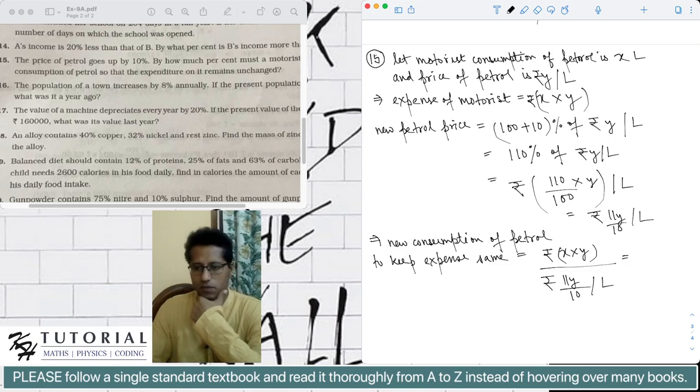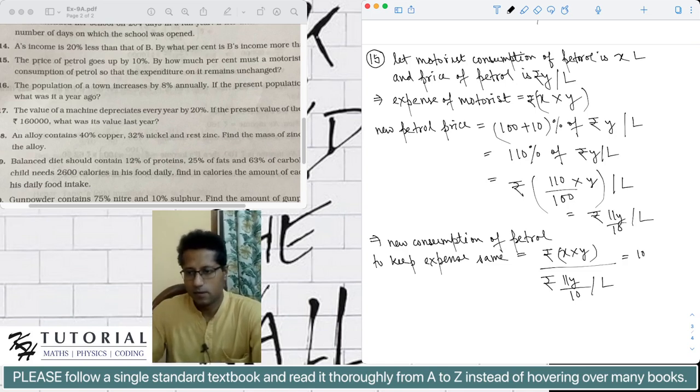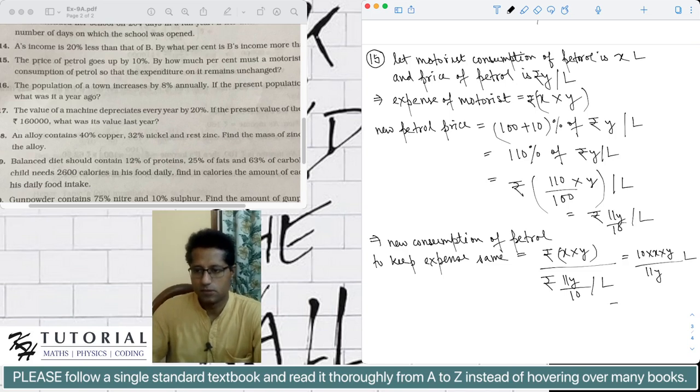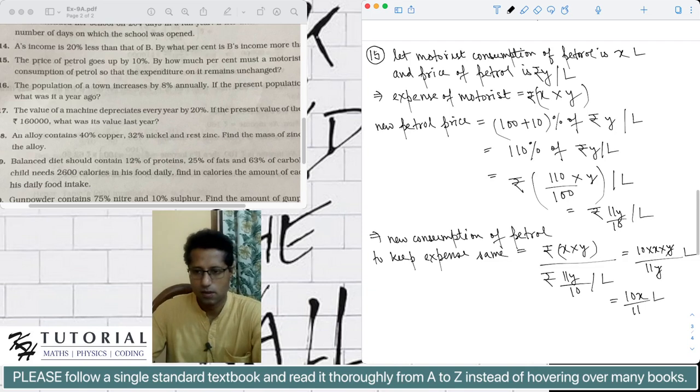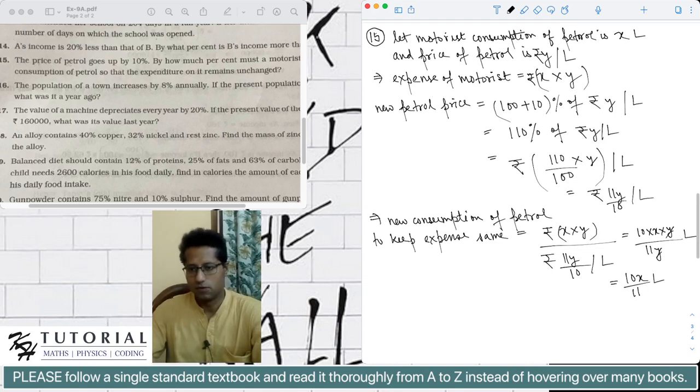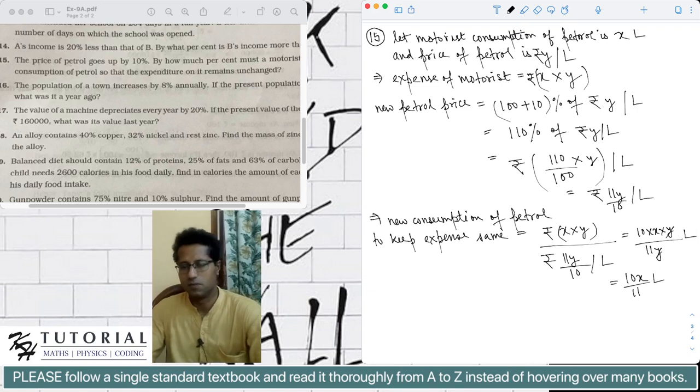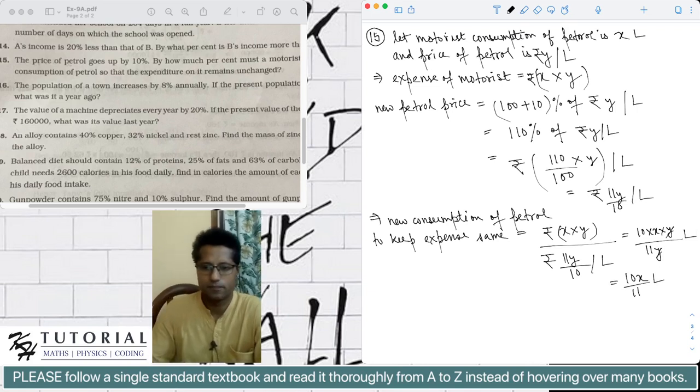If you simplify, rupees cancels out, and y also cancels out, and we have 10 into x into y divided by 11y, this much liter. This is equal to 10x by 11 liter. So this has to be the new consumption of petrol, so that the expense of the motorist remains the same as the previous one, that is, rupees x into y.